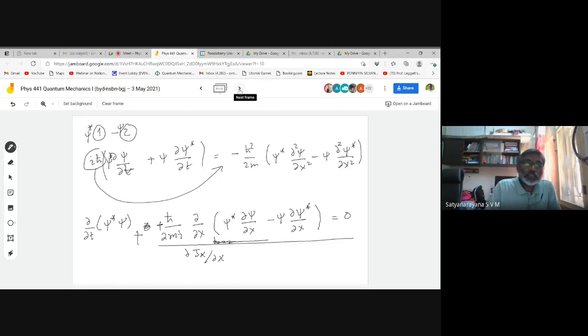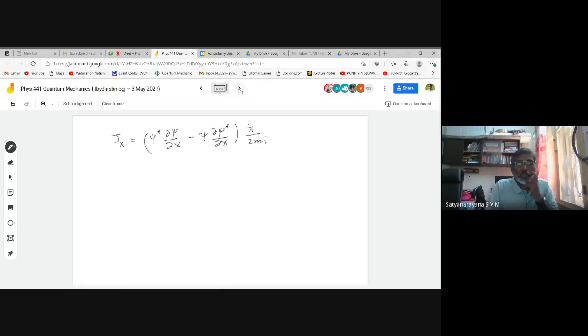Now we can generalize this into three dimensions and write an equation like this: del rho by del t plus del dot j is equal to 0. I think you are familiar with this from electricity and magnetism.